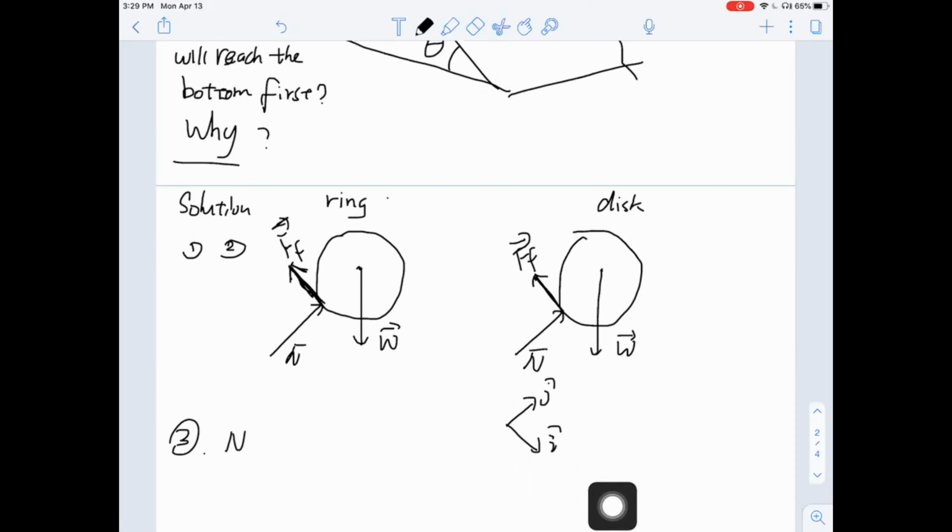And the third step is going to be write down your forces in vector form. So N can be N j, F is going to be negative. Oops, I think I made a mistake here.